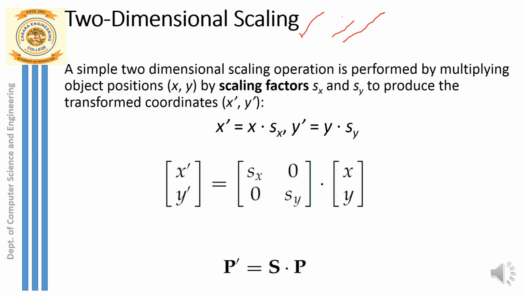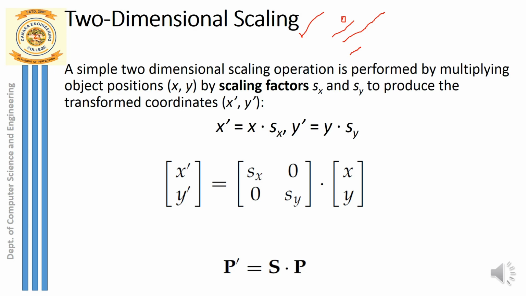Suppose this is the original line, and you want to subtract a scaling factor from it. Subtracting is nothing but reducing the size of the original object. So you add the scaling factor in order to increase the size of the object, and you subtract the scaling factor in order to decrease the size of the object.